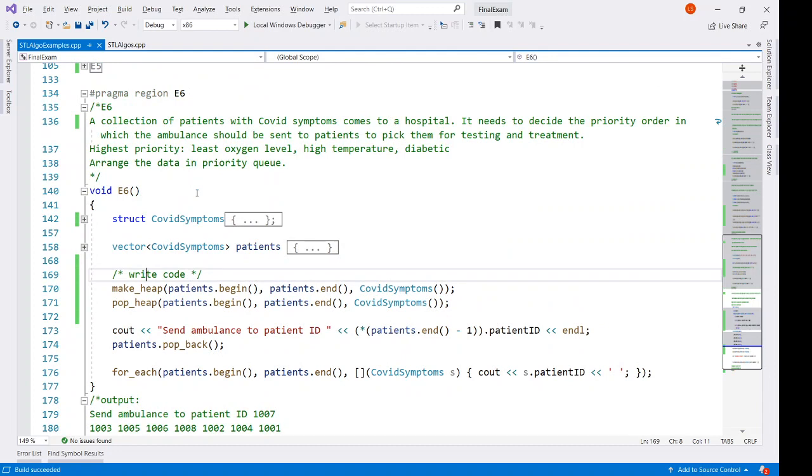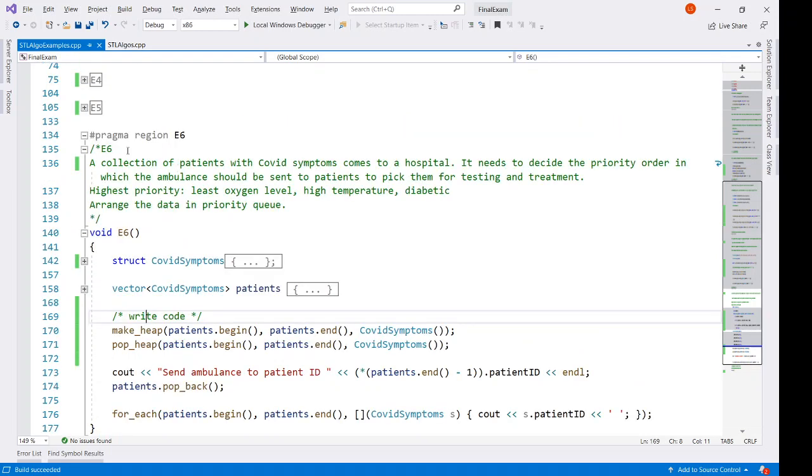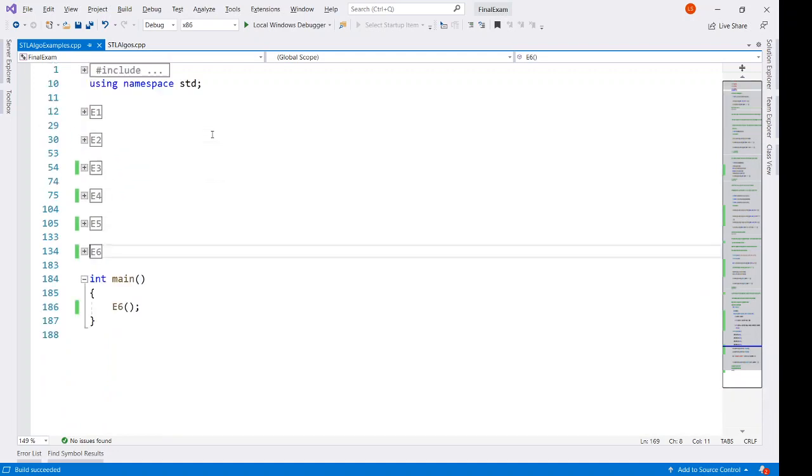Hence, the utility of STL algorithms is very important. And hopefully, this set of examples has made it clearer how STL algorithms could be used, and they are really very useful to know.